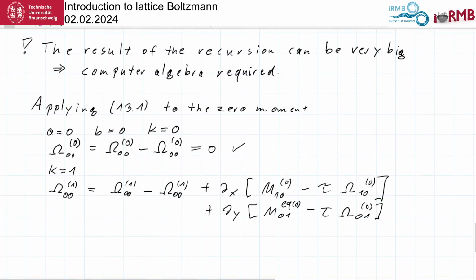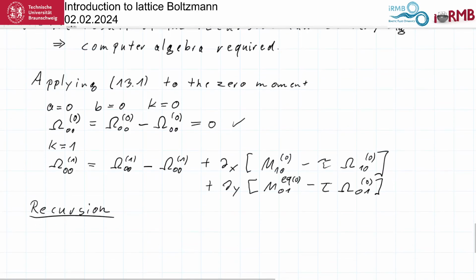Yeah? In a sense, we are finished here, but we have to deal with the recursion, yeah, because we have here omega 1, 1, 0. So we put in the recursion, and say this, what we need is omega 1, 0 to the order 0, and this is by the same token as it was here.